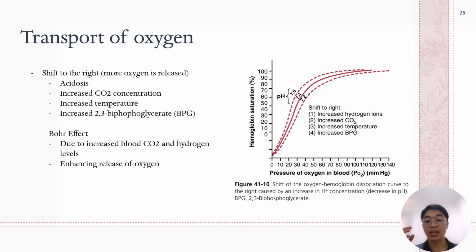For example, when you exercise, your cells become more metabolically active, and remember that the byproduct of our metabolism would be carbon dioxide and even hydrogen ions. So in order to give off more oxygen to our exercising cells, the Bohr effect happens, wherein the increased blood carbon dioxide will tell the red blood cells to unbind the oxygen that is bound to the hemoglobin.